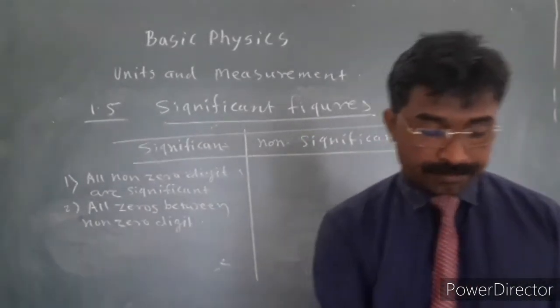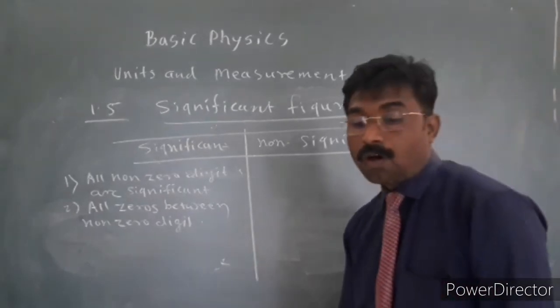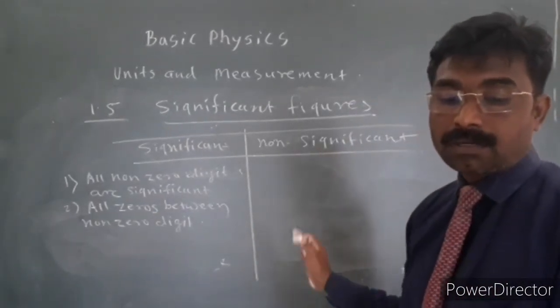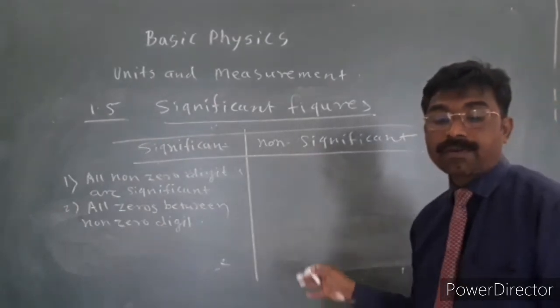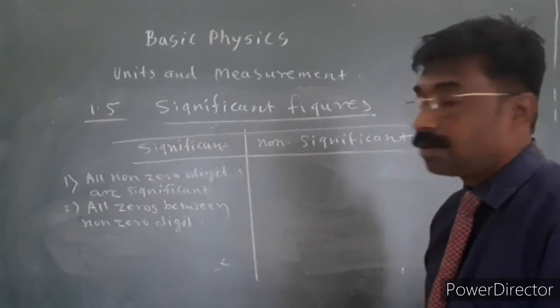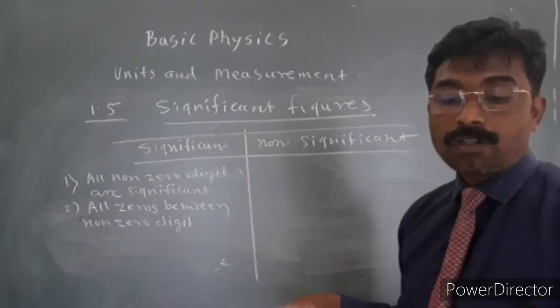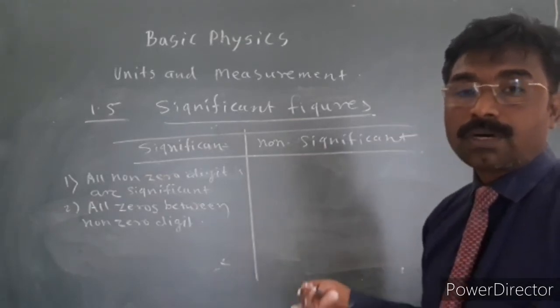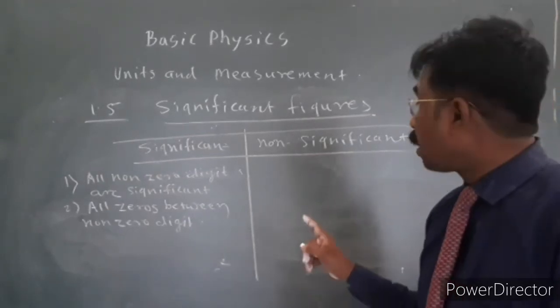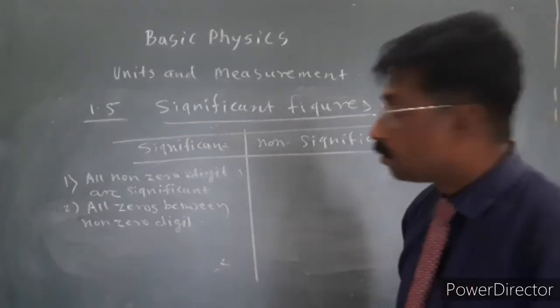But remember that all zeros to the right side of the last non-zero digits are not significant. I repeat it once again: all zeros to the right side of the last non-zero number are not significant.